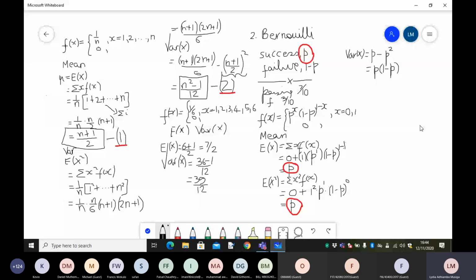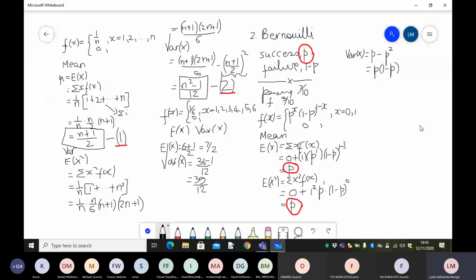So I was saying that you need to know how to get the mean and variance using either the MGF technique or expectation. What I'm doing right now is not the MGF technique; we are using expectation to get the mean and the variance.